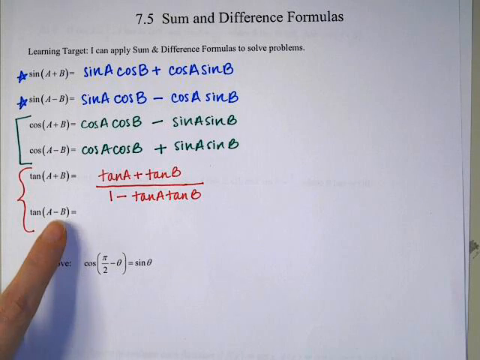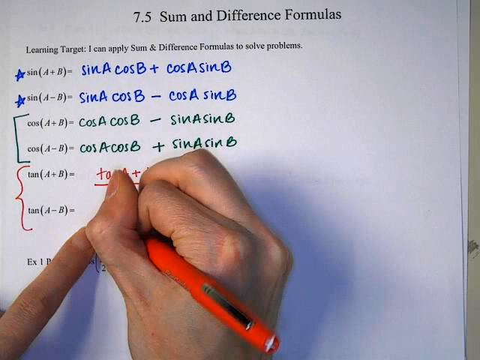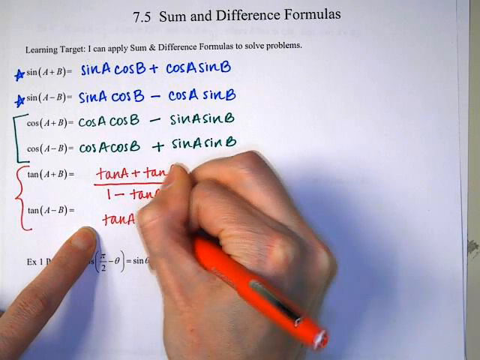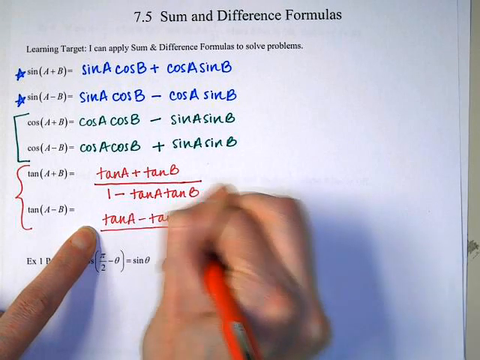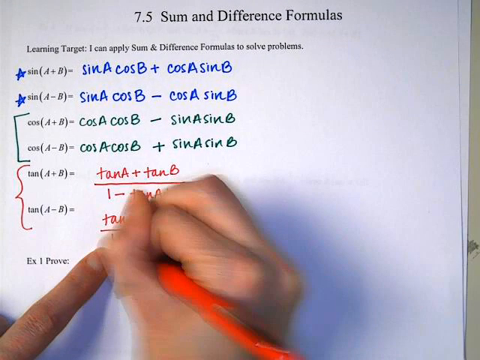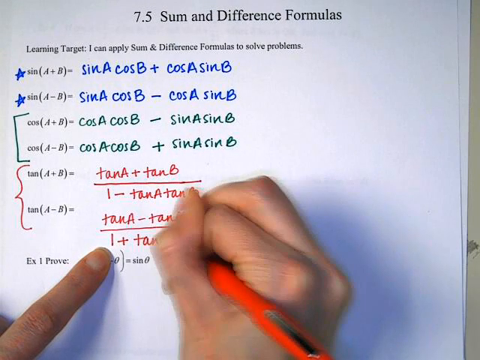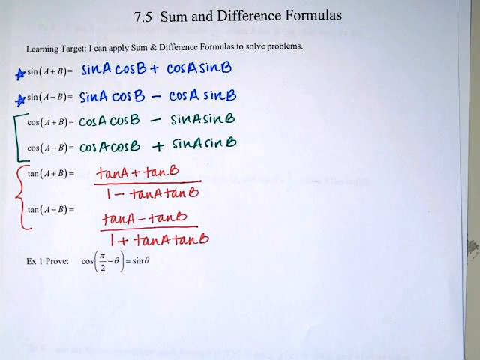And same thing for the minus: the top is going to be the same, tan A minus tan B, and the denominator is going to be plus, 1 plus tan A tan B. All right, and again, I would go into this lesson assuming you have to have those memorized.